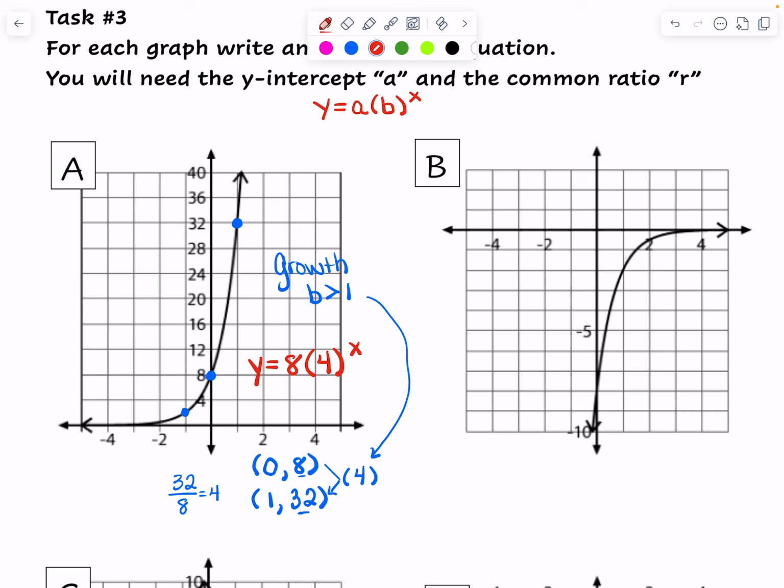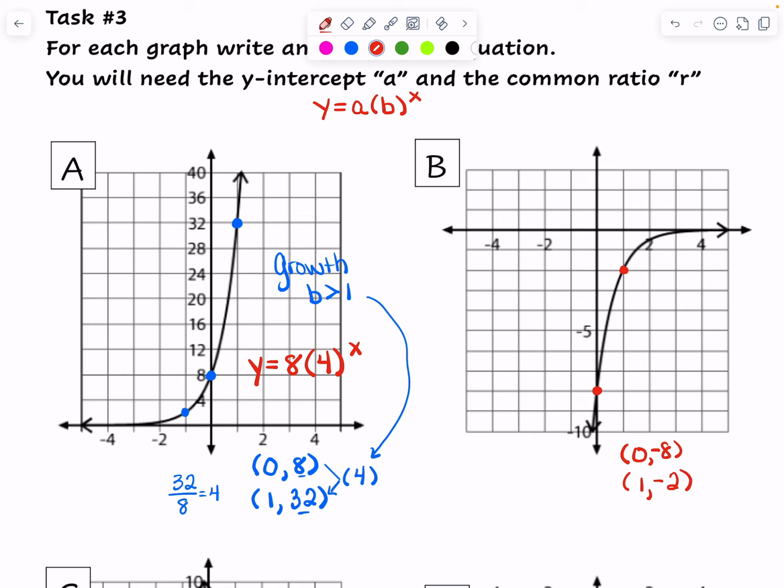Okay, let's go on to question B, or graph B. So graph B, first off, the y-intercept is 0, -8. The next point, look at -1 and look at +1. And I have 1, -2.